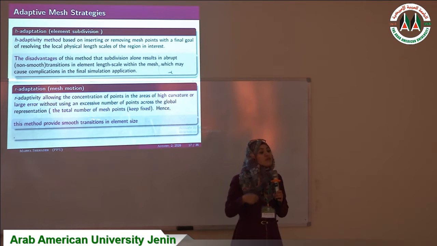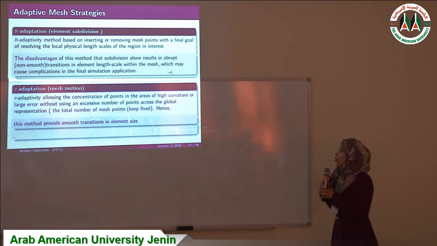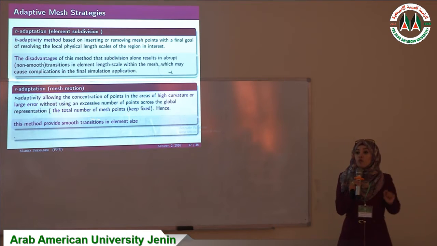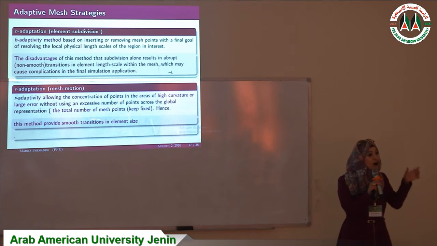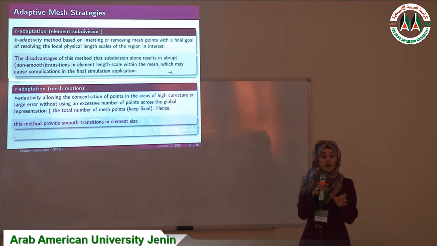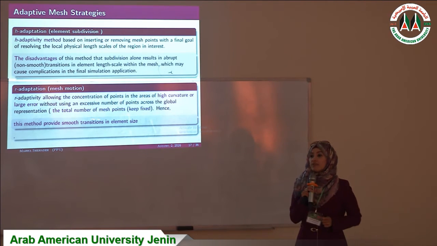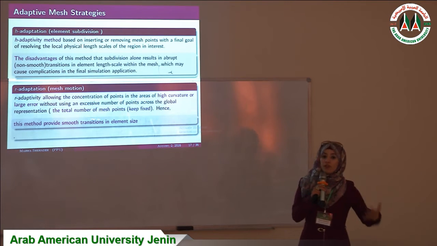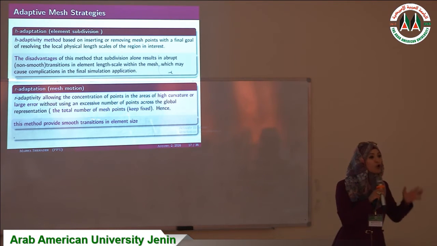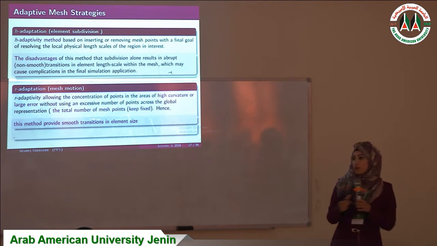R adaptivity, which my work is based on, allows the concentration of points in areas of high curvature or large error, without using an excessive number of points, with the final goal of having a more accurate solution.